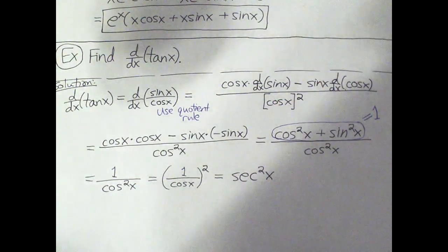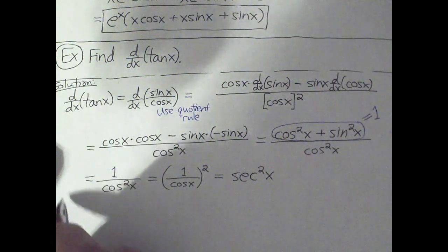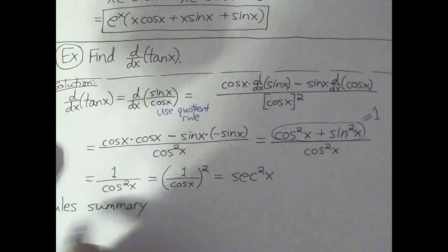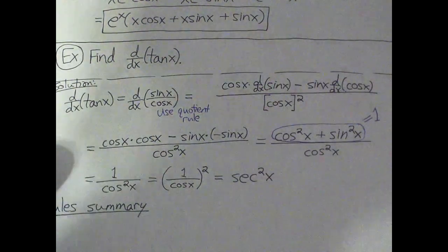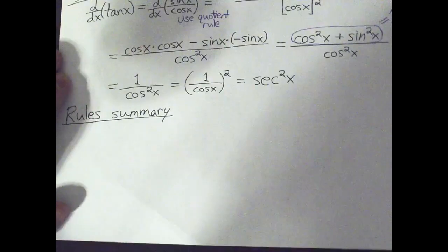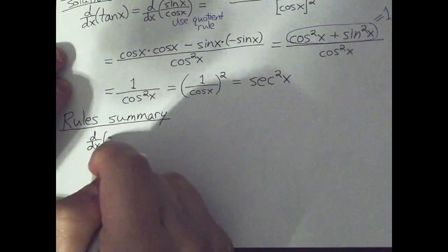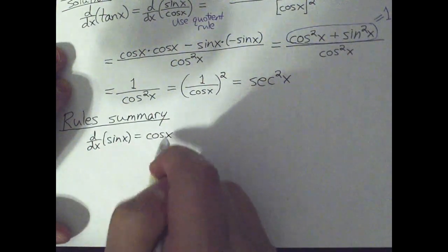Now, there are other trig functions, right? There's 6 of them. Here's what I'm going to say. We're going to do a rules summary where I'm going to include the 3 rules that we've established, and I'm also going to tell you the other 3. So, derivative of sine x, we said that that was cosine x.